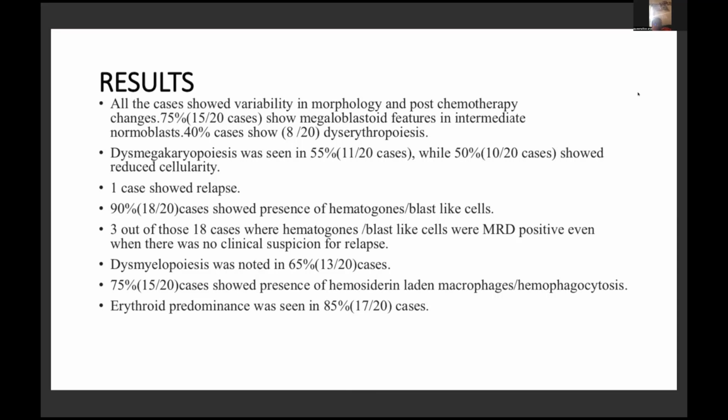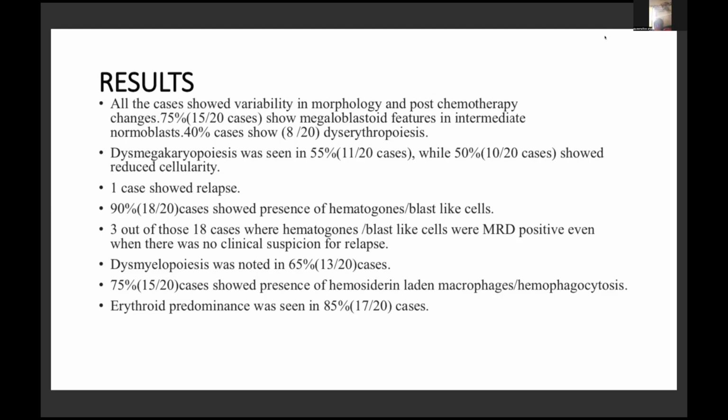So we call them megaloblastoid changes, not megaloblastic changes. They occur due to the effect of medication on cell cycle and nuclear division, etc. They look as if the child has a B12 deficiency, but actually the B12 might be normal.